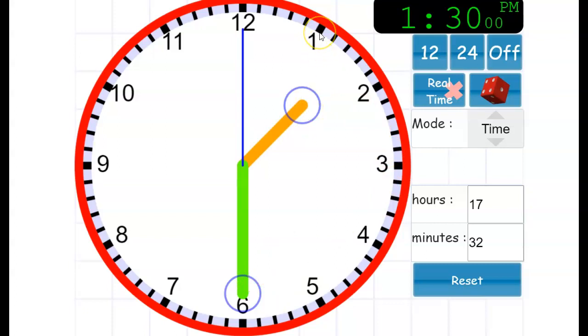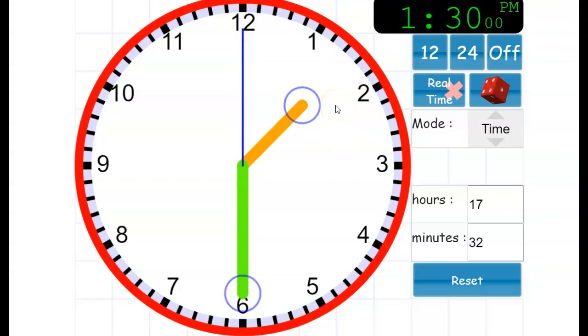It is halfway between the 1 and the 2, and so it's not yet 2. No, it is 1:30, because this is 30 minutes, remember? 5, 10, 15, 20, 25, 30. 30 minutes. That's why it says 1:30.